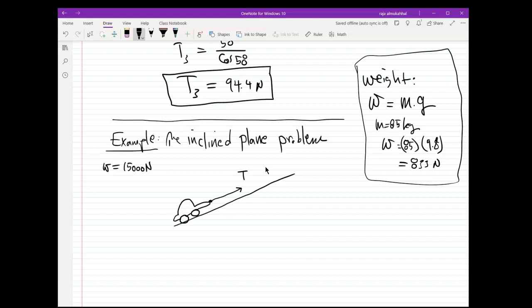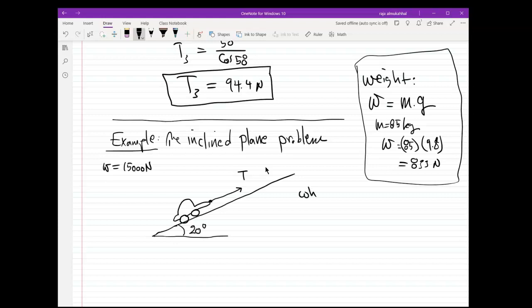Okay, and then this ramp or this inclined plane is inclined at an angle of 20 degrees. And he's asking for how much tension to pull it with without accelerating the car. So what is the tension? Here's the question.